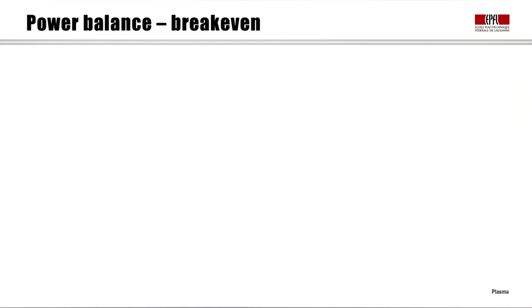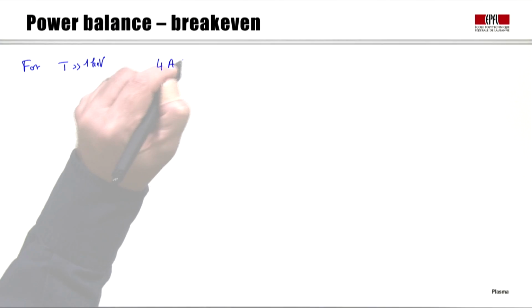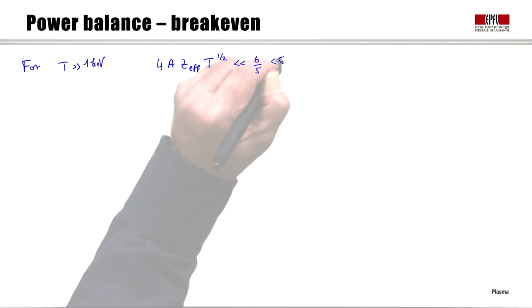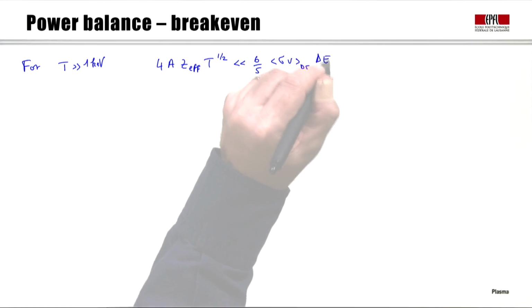That expression is still a little bit complicated, so let's simplify by observing the following. At temperatures that are significantly larger than 1 keV, that is temperatures that are of interest for our thermonuclear burn, the Bremsstrahlung term becomes very small compared to the other term.